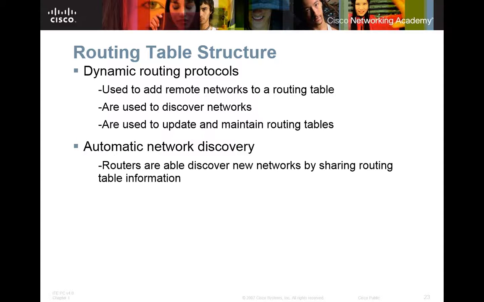Dynamic routing, basically it adds remote networks to your routing table. Allows you to see those networks and be able to make better forwarding decisions. Why do you not want to use static all the time? Because the router can't see to the opposite end as well as it can if they're dynamic.